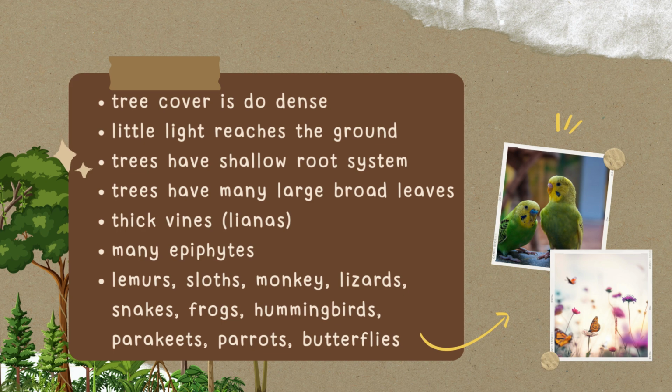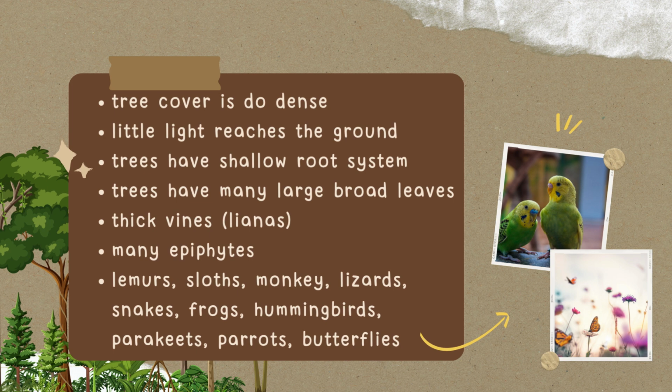Trees here have shallow root systems and have many large broad leaves. They also have thick vines, and there are lots of epiphytes here. And again, if we are to recall what epiphytes are, these are plants that get their water from water vapor in the air, right? And we can expect that there are a lot in this particular biome because again, it experiences constant raining.